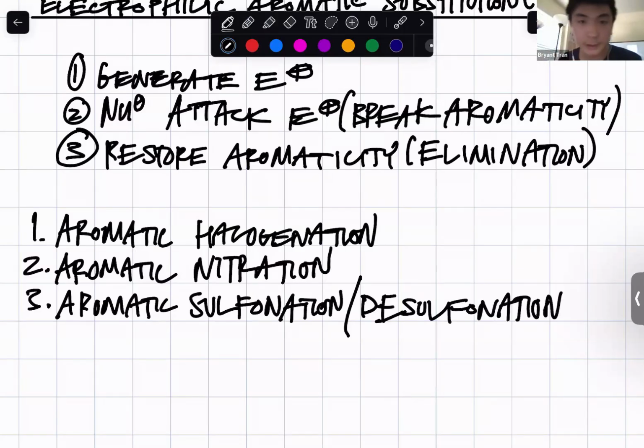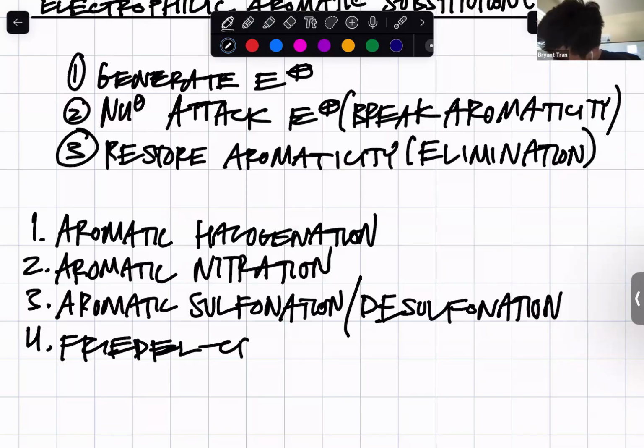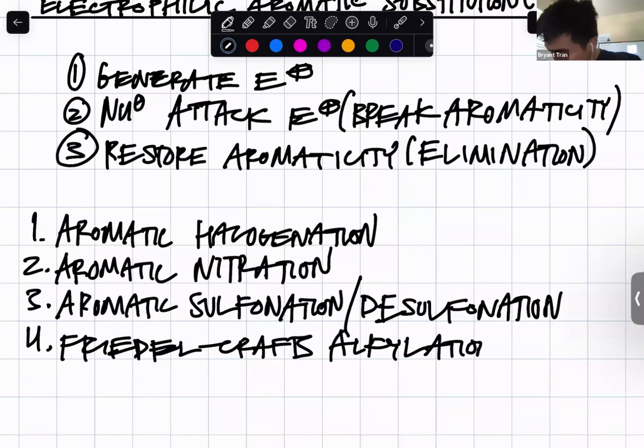And then we have the next two reactions, which are the Friedel-Crafts reactions, the reactions that will add carbon-carbon bonds. The first one we're going to talk about is Friedel-Crafts alkylation. And then the other type of Friedel-Crafts reaction is Friedel-Crafts acylation.